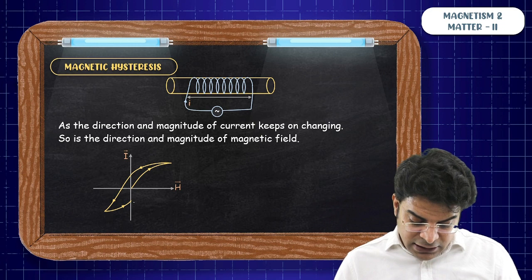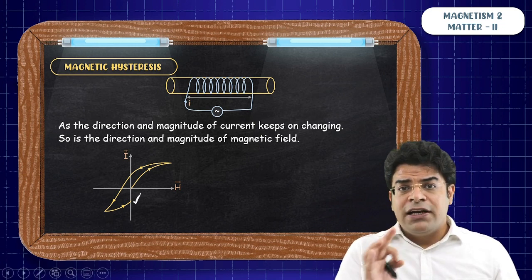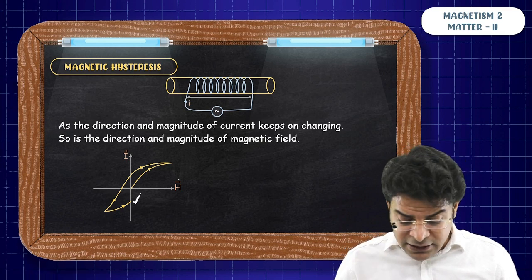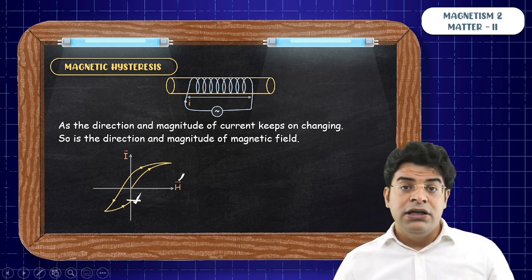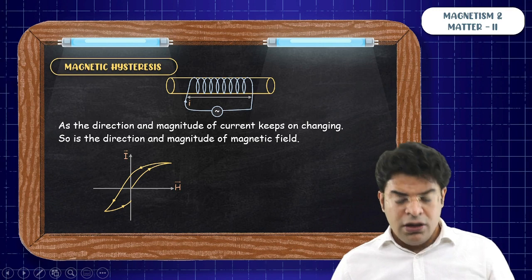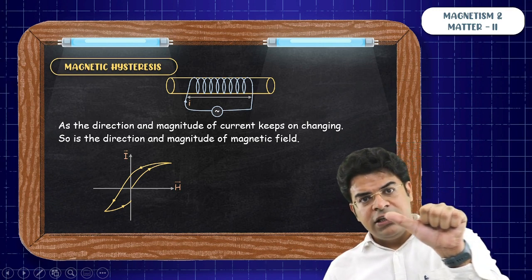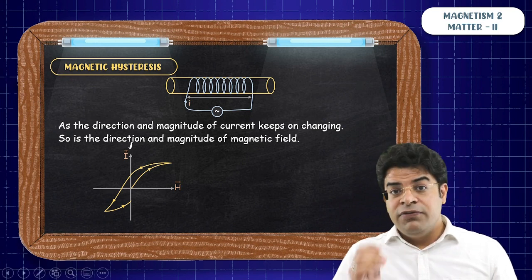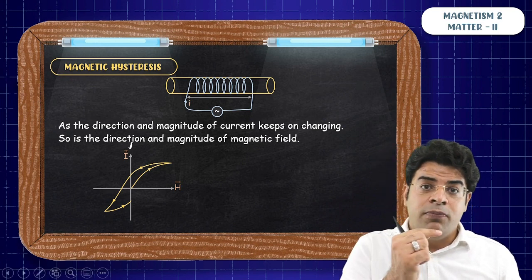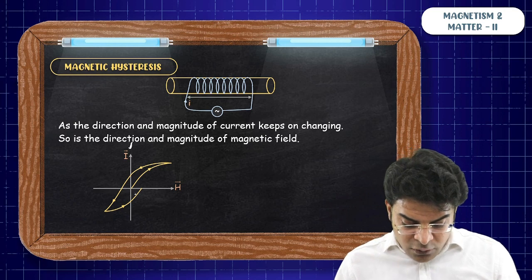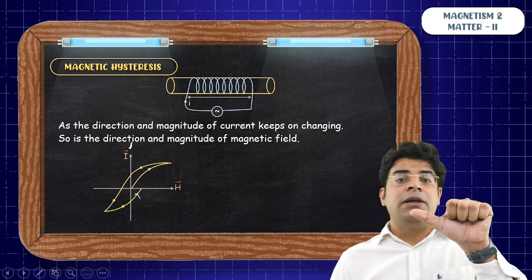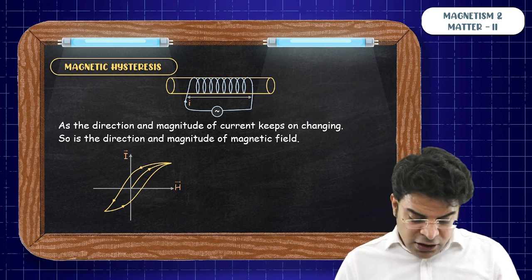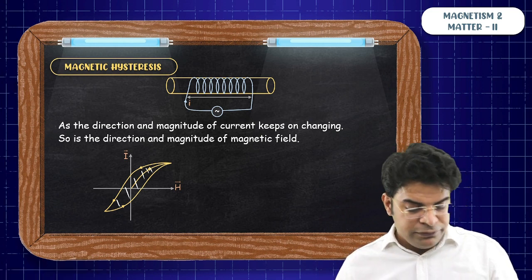Again, this intensity of magnetization that is found in the negative direction, even when the magnetizing field intensity has dropped to zero, is again called retentivity. Now the field again starts increasing in the forward direction. First, the intensity of magnetization, which still points in the backward direction, drops to zero. And then on further increasing the field in the positive direction, it again saturates. And this particular graph is called the hysteresis curve.